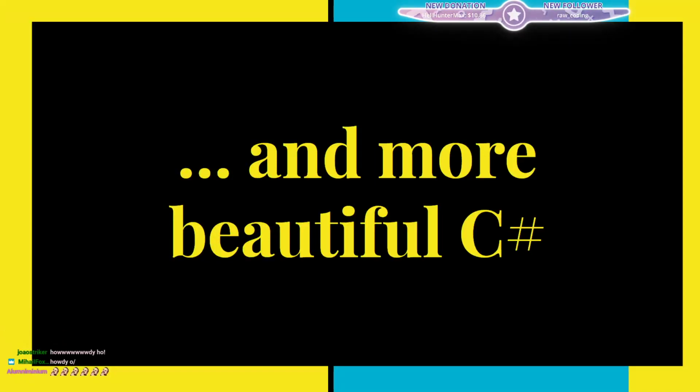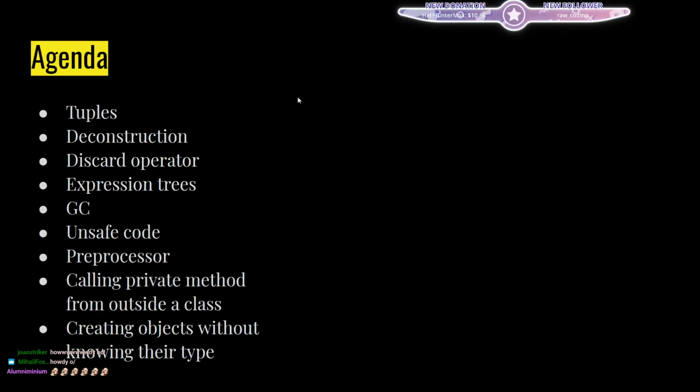So we'll talk about many different things in this lesson. And those things are tuples, deconstruction, discard operator, expression trees, garbage collection, unsafe code, preprocessor directives, calling private method, and creating objects without knowing their type.